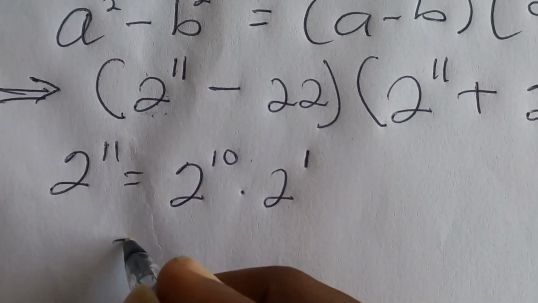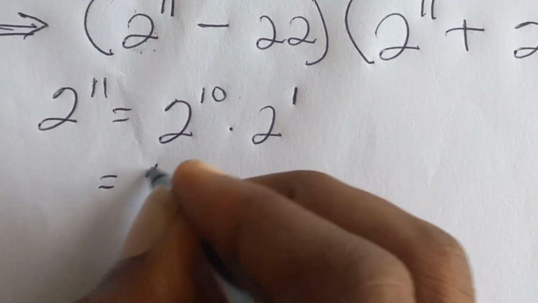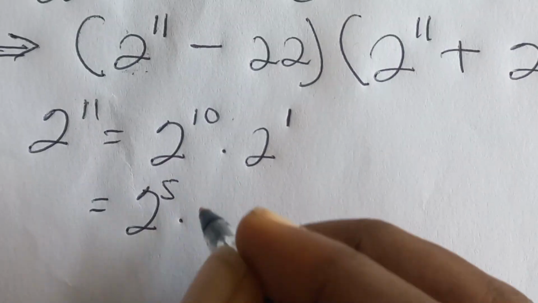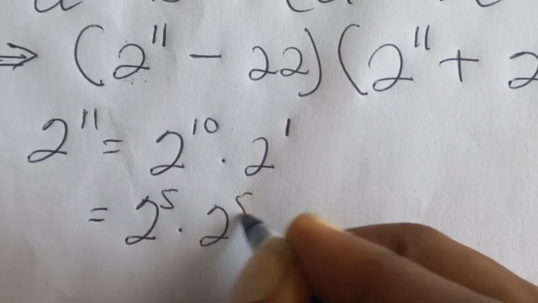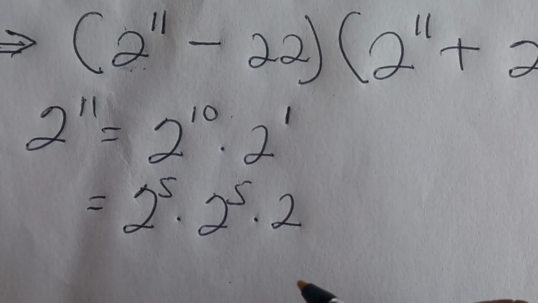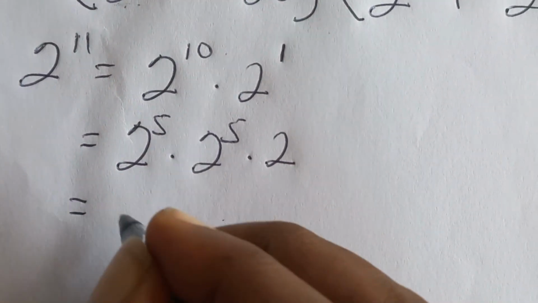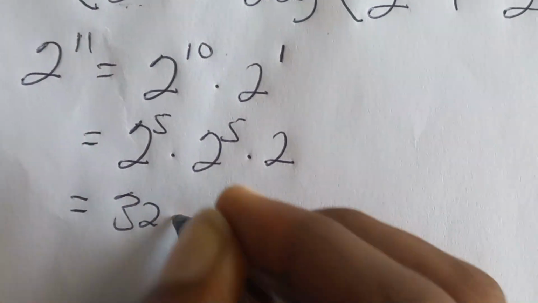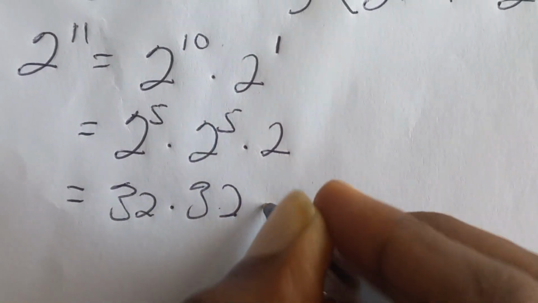Now, 2 exponent 10 we can write as 2 exponent 5 multiplied by 2 exponent 5, multiplied by 2, and 2 exponent 5 is 32, so 32 multiplied by 32 multiplied by 2.